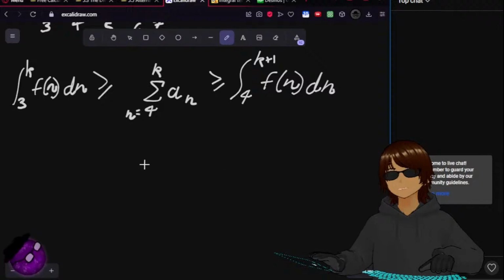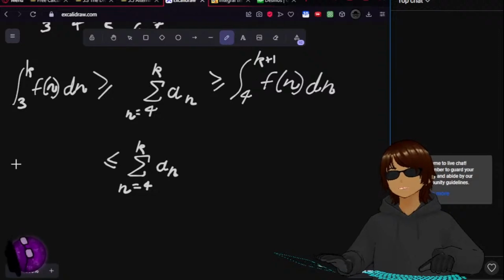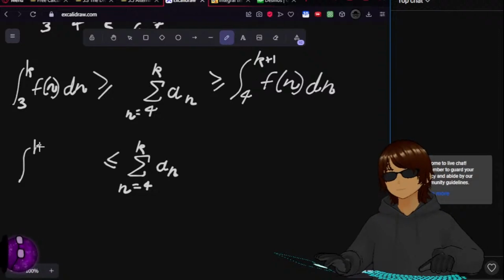We can write it like this. Normally when we are writing comparison, we write the lowest one first. From 4 to k plus 1.